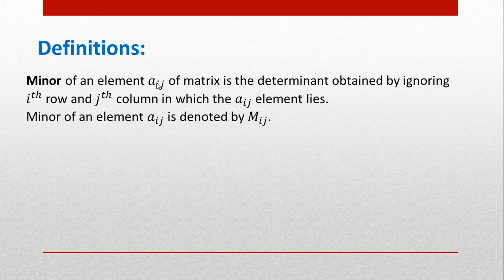Then it is obtained by taking the determinant by ignoring the ith row and jth column in which the Aij element lies. The minor of Aij is denoted by capital Mij. We will discuss this in detail by taking one example. So this is just the definition of minor.